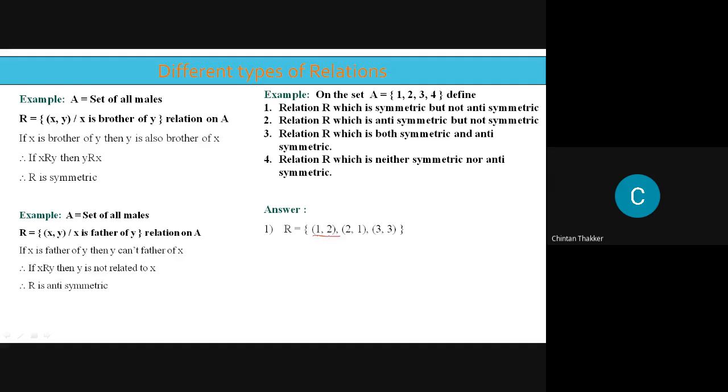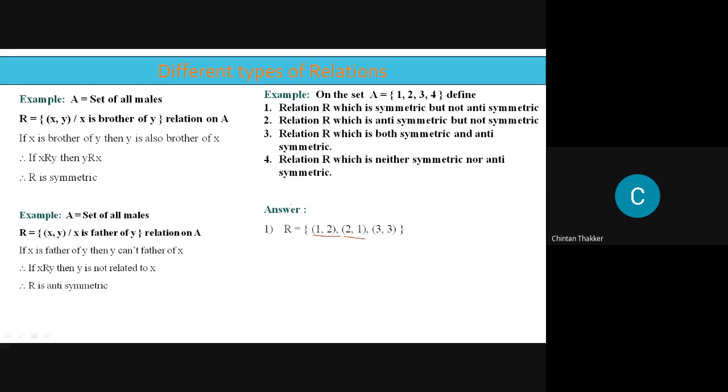So we take 1 comma 2, 2 comma 1, the reverse pair of 1 comma 2 is in R, and 3 comma 3. So this relation is symmetric. It is not anti-symmetric, because 1 comma 2 is there and 2 comma 1 is also there.